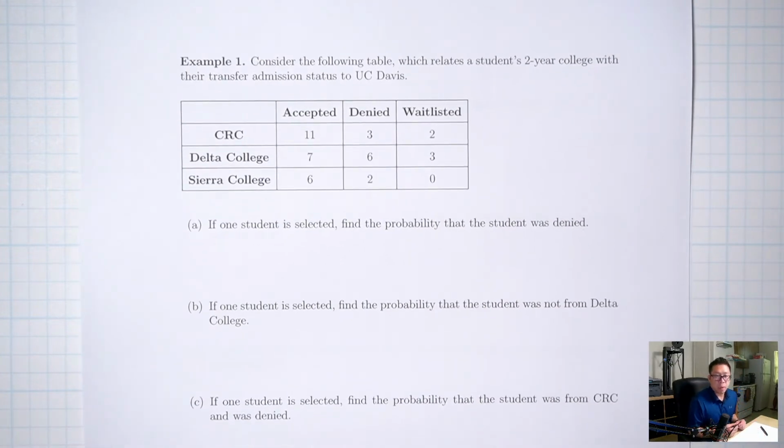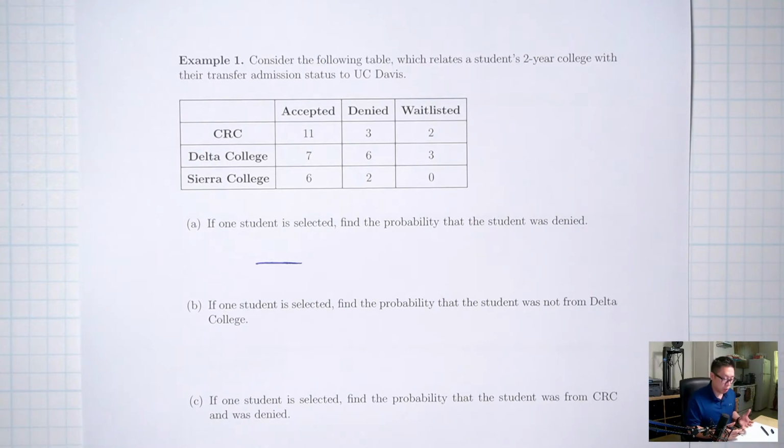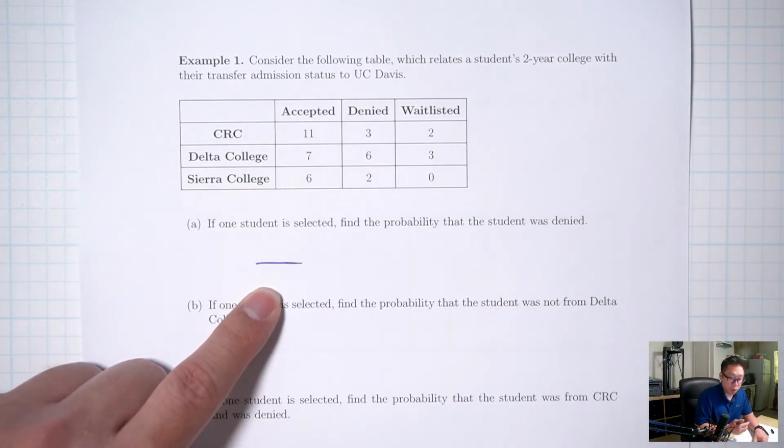Part A. If one student is selected, find the probability that the student was denied. Probability is going to be a fraction. We're talking about picking students here, so for the bottom, how many possible students could I have picked? That's just asking how many students are there total?